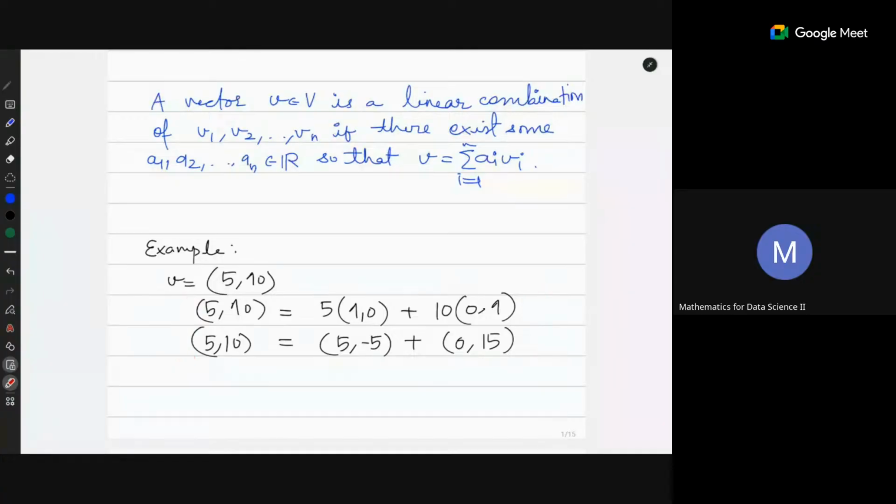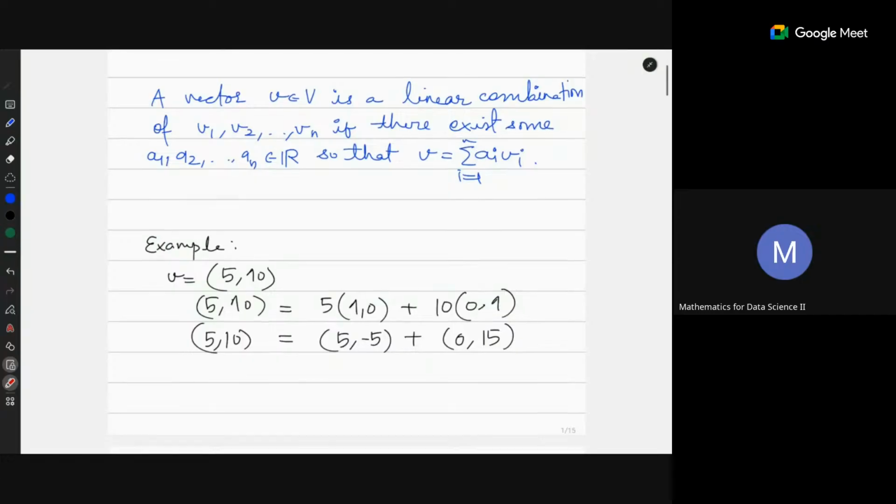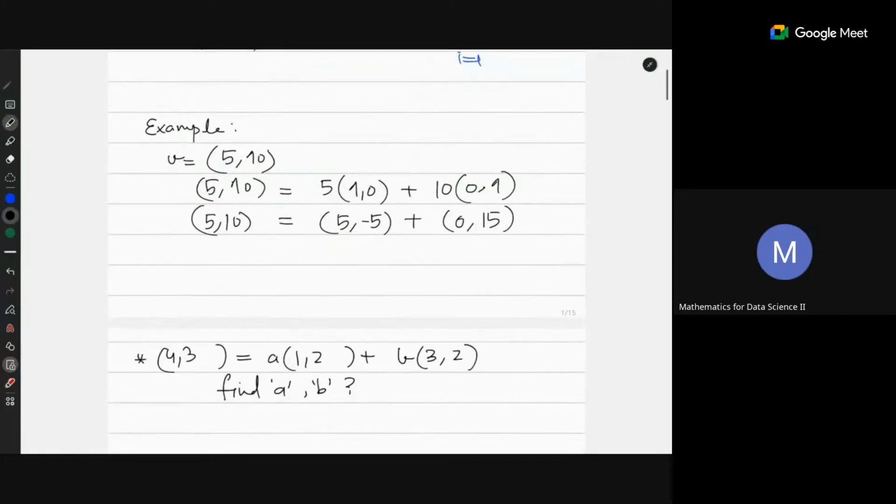It can have infinitely many linear combination expressions. This is one example. You can also write (5, 10) as 5 times (1, 1) plus 15 times (0, 1). This is also another expression. There can be infinitely many such expressions possible for any given vector in R2.